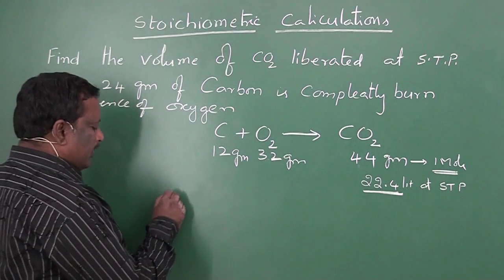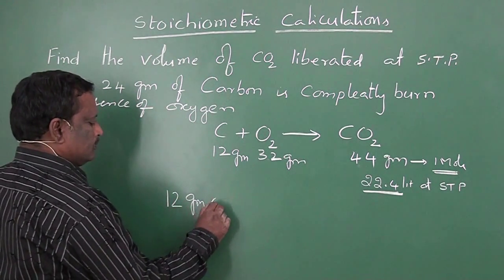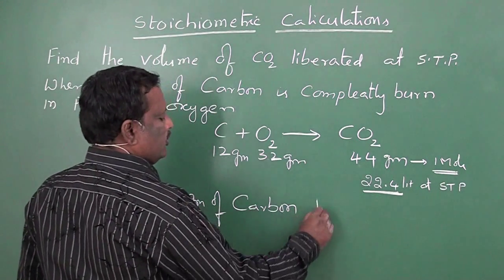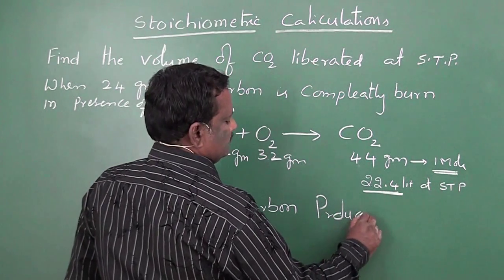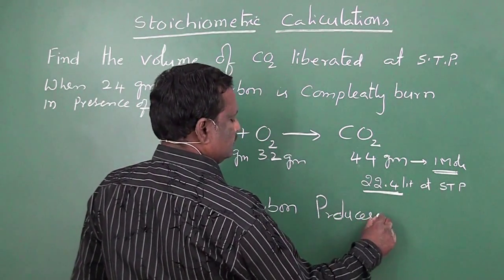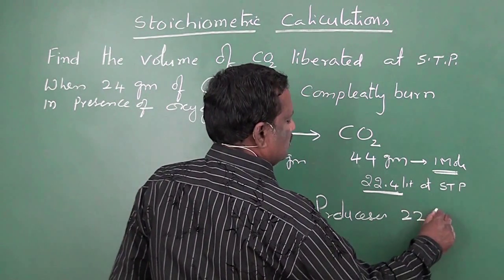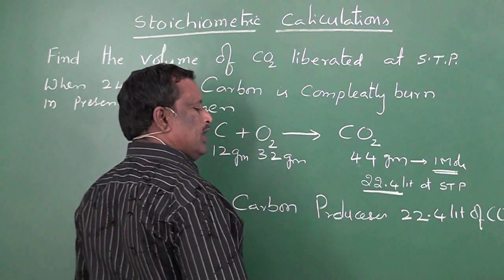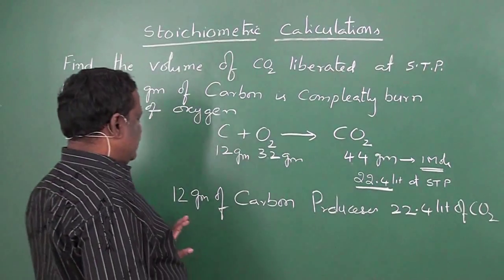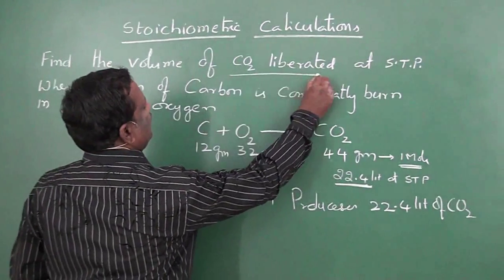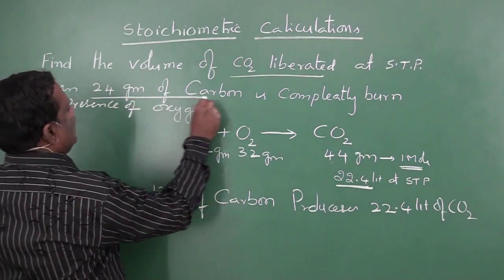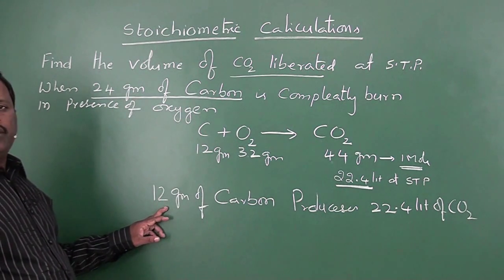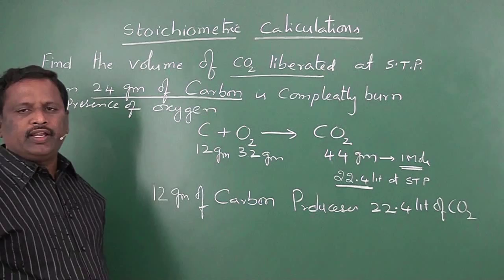So, 12 grams of carbon produces 22.4 liters of CO2 at STP. Now, they are asking the amount of CO2 that was liberated when 24 grams of carbon was completely burned. So, from 12 grams of carbon, 22.4 liters of CO2 is liberated.